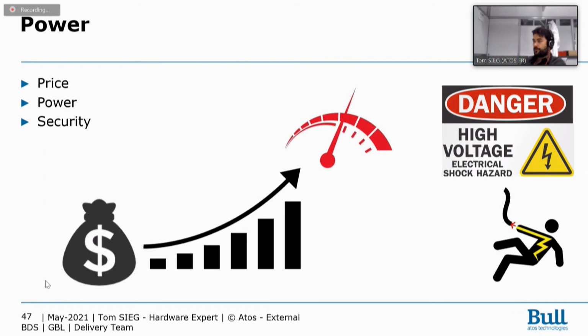And of course, your cluster will evolve. You will maybe put in more racks, more servers, depending on your needs. You will evolve your cluster, so it will consume more electricity.